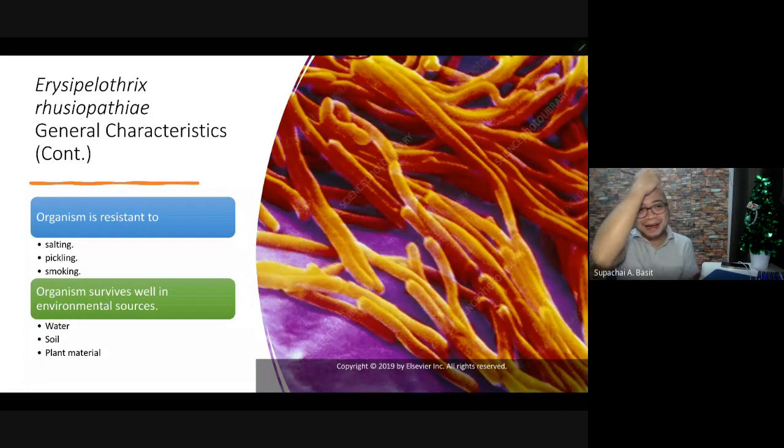Meaning to say, even smoked fish or smoked meat may still have Erysipelothrix rhusiopathiae. What is an example of smoked meat? Ham. If ham is prepared from a pig with Erysipelothrix and you eat the ham raw, only smoked, then there's still a chance that you might get Erysipelothrix. And the organism survives in environmental sources such as water, soil, and plant material.